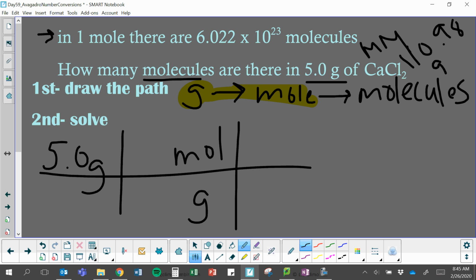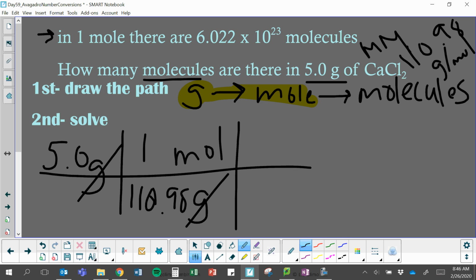And the unit for this is grams per mole. And if you remember, because this is grams, another way to think about this is 110.98 grams per 1 mole. We can go ahead and put this number with our grams down here. And then 1 mole. So now our grams cancel and we're left with moles.